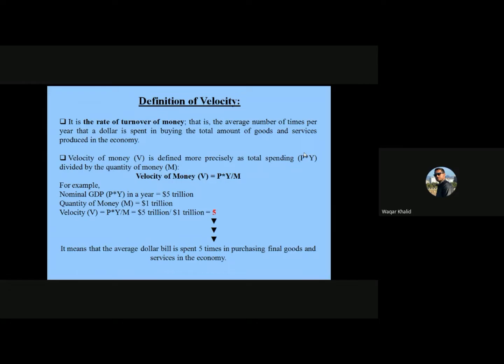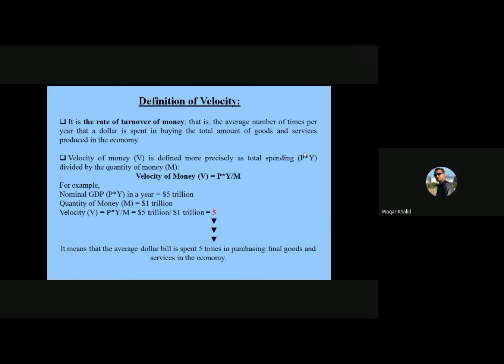Suppose for an economy, its nominal GDP for a given year is $5 trillion and the quantity of money is $1 trillion. How can we get the numerical value for the velocity?